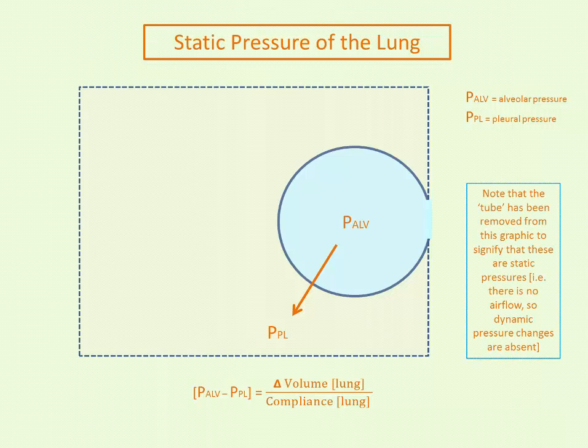This pressure, alveolar less the pleural pressure, has a special name which I'll get to, and this is known as the transpulmonary pressure, the pressure in the alveolus minus the ambient pleural pressure, and this is a major determinant of lung volume.